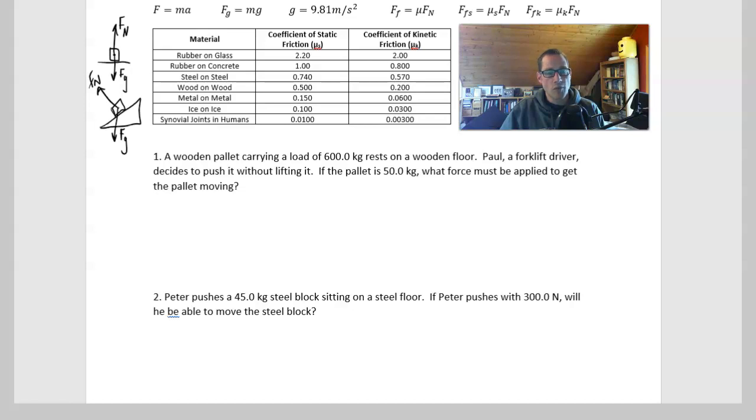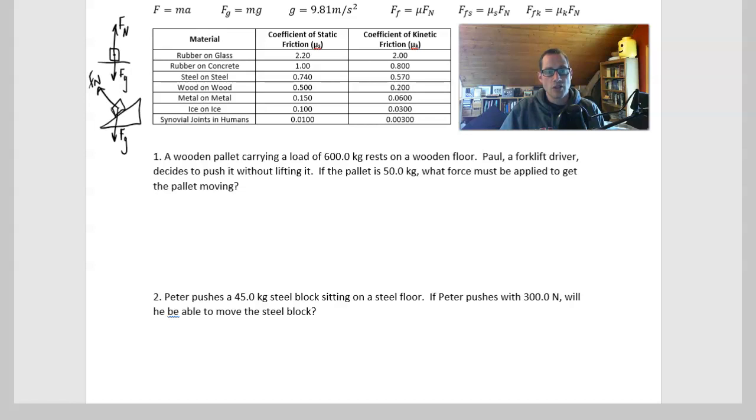If you moved a rubber block on concrete, you could measure that the coefficient of static friction is 1, and as it starts to move, it gets a little easier to continue to move because the coefficient drops to 0.8. In almost all these instances, they drop a little bit. On ice it's 0.1, but as soon as the ice starts moving, it's 0.03, so it's significantly easier to keep it moving.